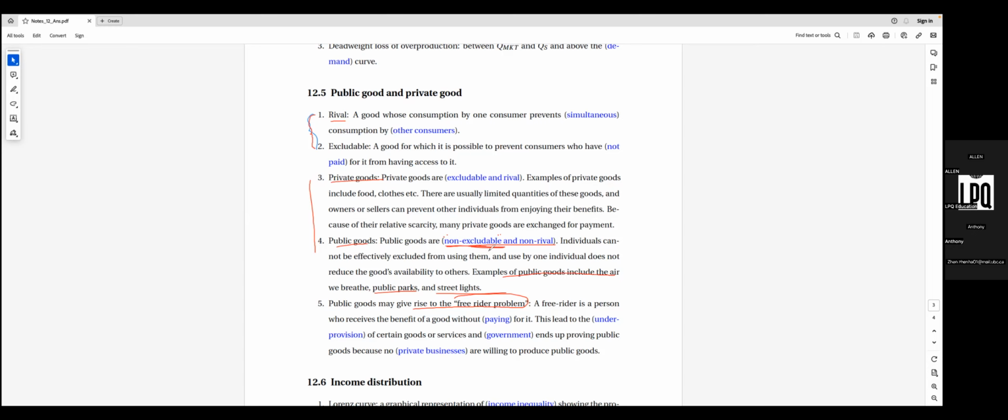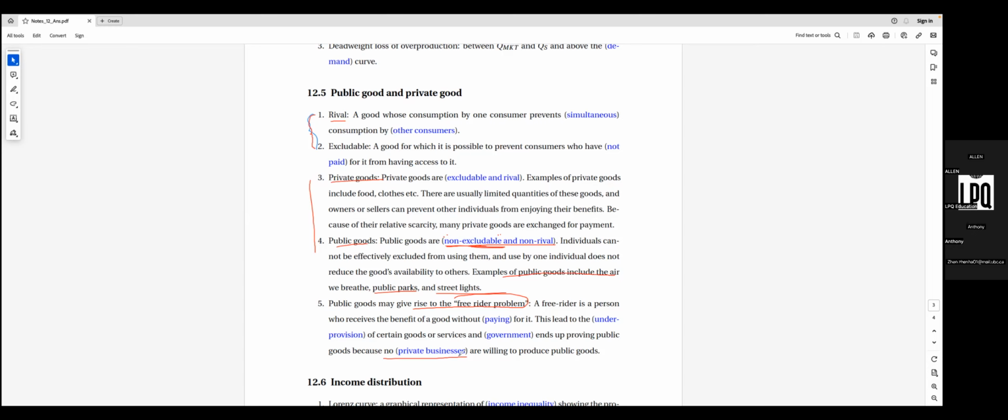The second consequence of the free rider problem is that no private business is willing to produce any non-excludable goods. Private businesses are for-profit organizations, they need to make a profit.